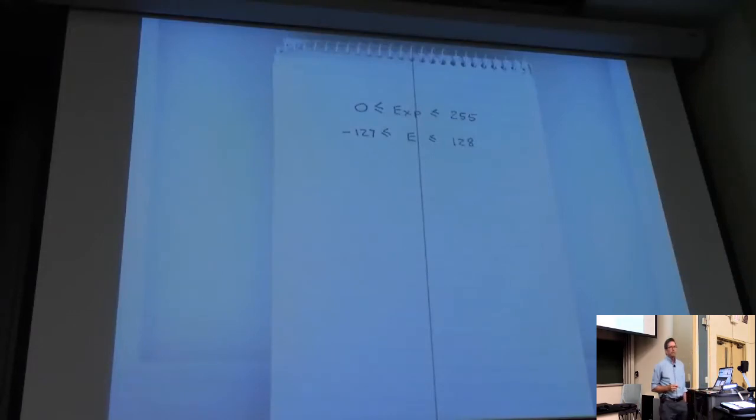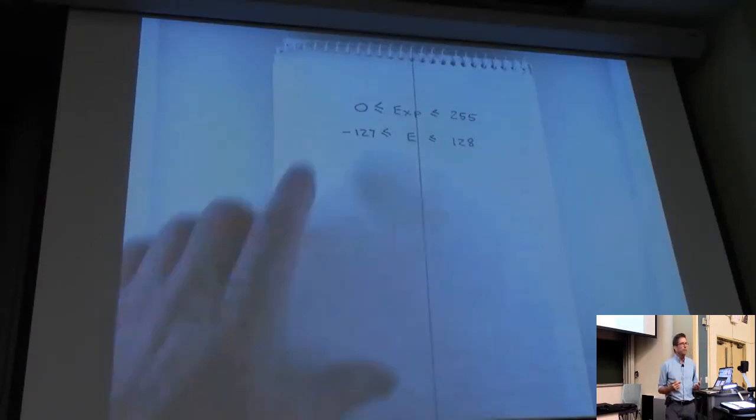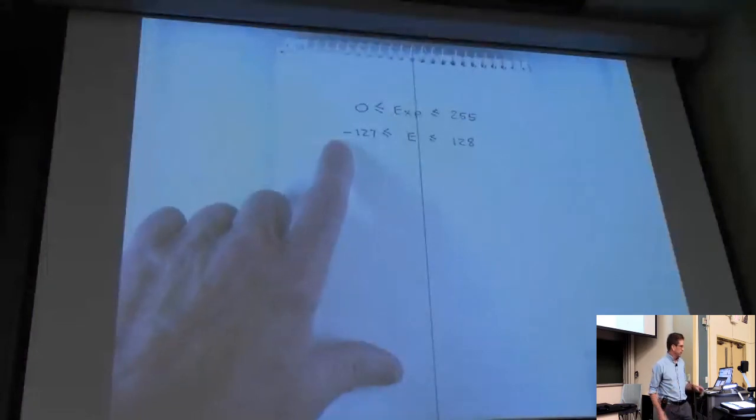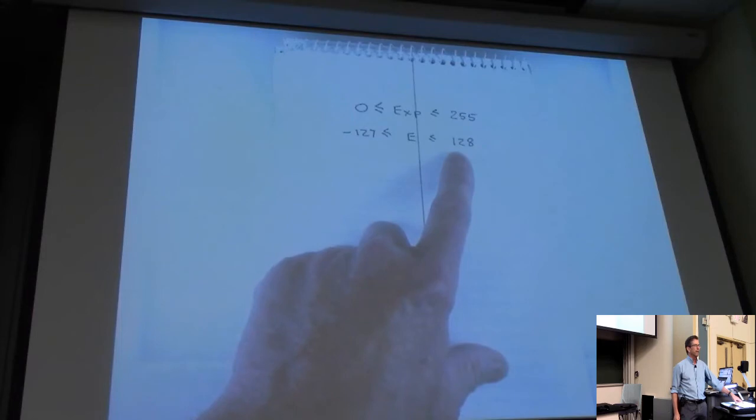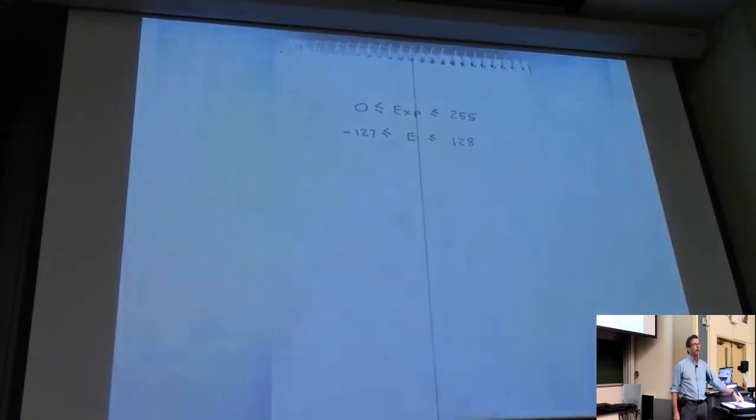Okay, so the numbers that we can represent using this bias notation will have the smallest exponent be 2 to the minus 127, and the largest exponent will be 2 raised to the power 128.